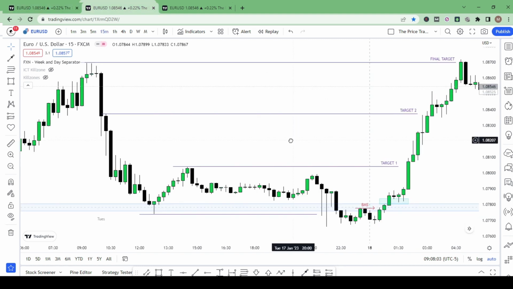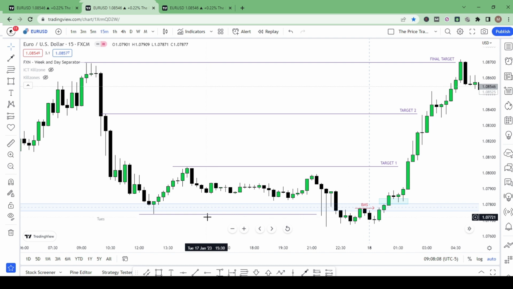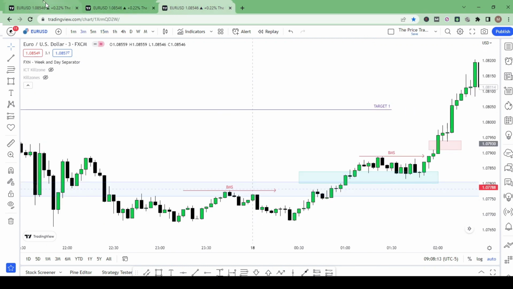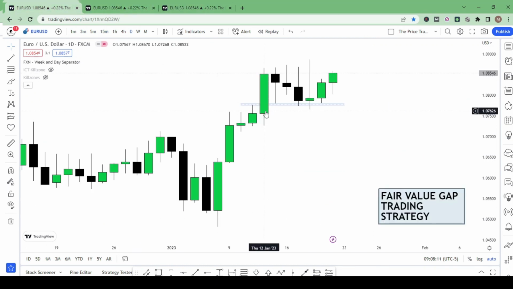In the 15 minute chart, what you want to be looking for is some form of liquidity that has been taken out. In this day, this was the same. If we look at the day that it came, this was 17th of January 2023. That is when it dropped into that imbalance.